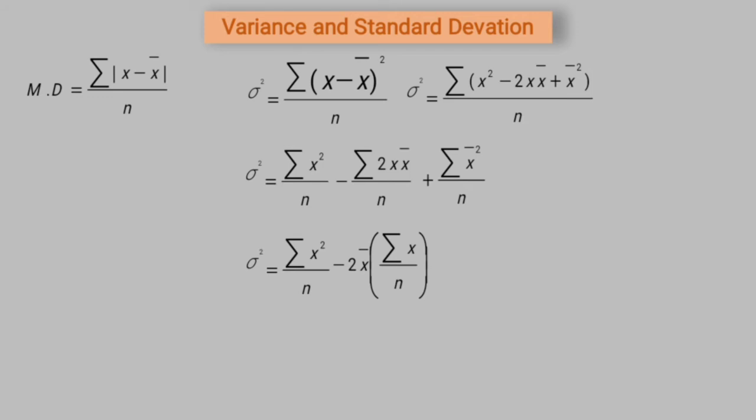And now I am going to change sigma x bar square by n as n of x bar square by n. This n will get cancelled, and sigma x by n is nothing but x bar. So finally we will get rho square is equal to sigma x square by n minus x bar square.